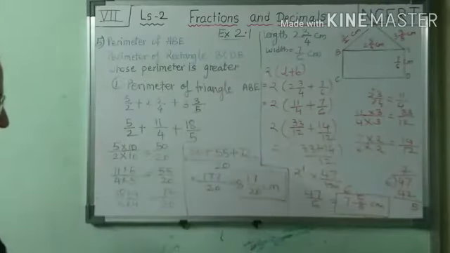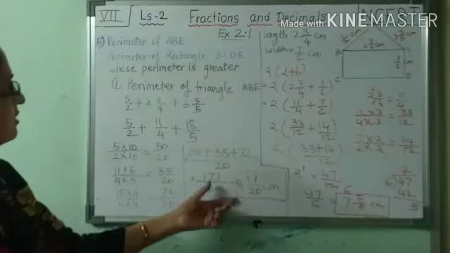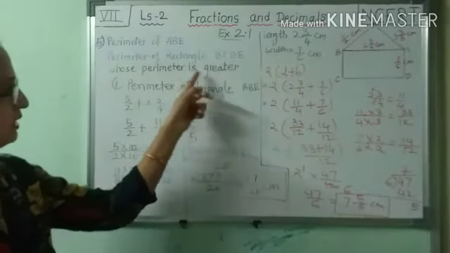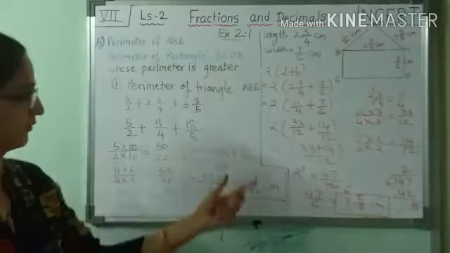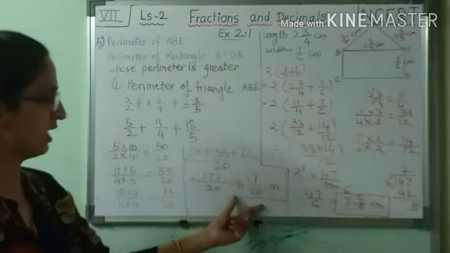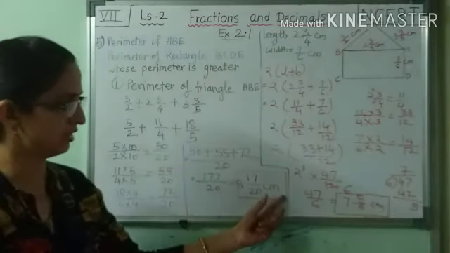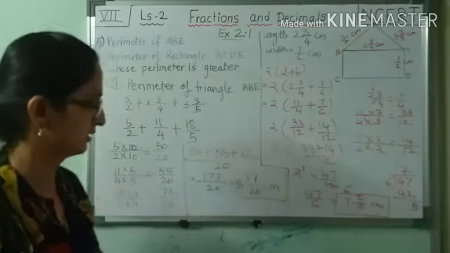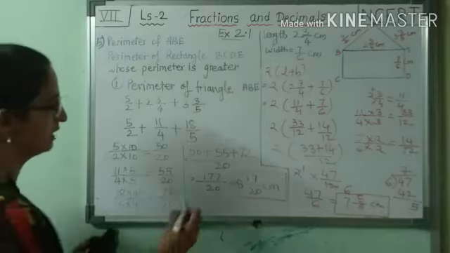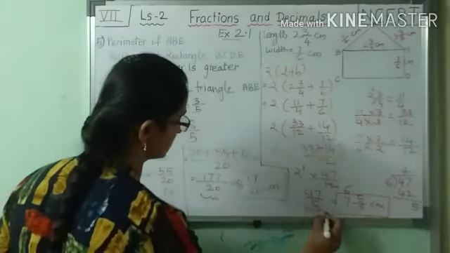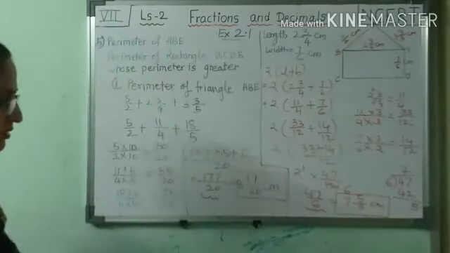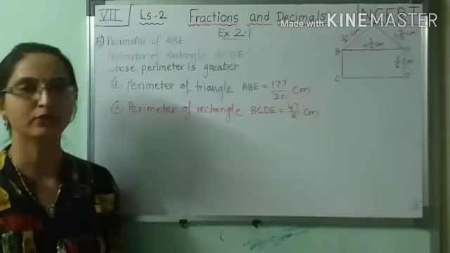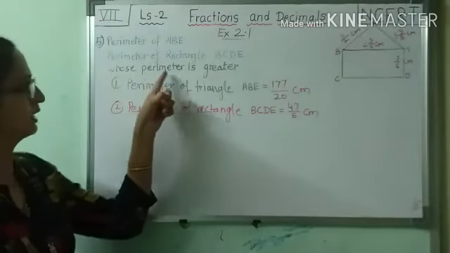Now we have to find out which one is greater, whose perimeter is greater. Now the first perimeter is 8 and 17 upon 20 centimeter, and the second perimeter is 7 and 5 upon 6 centimeter. We will take these values for comparison.